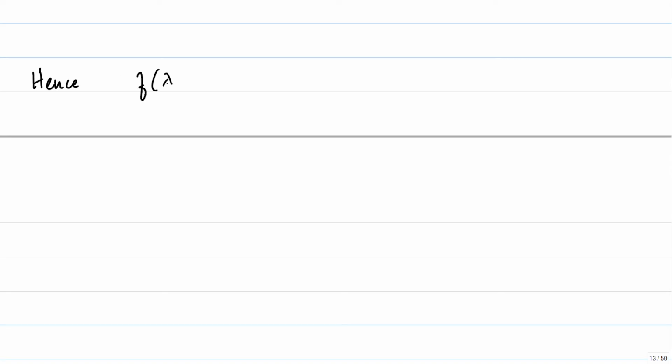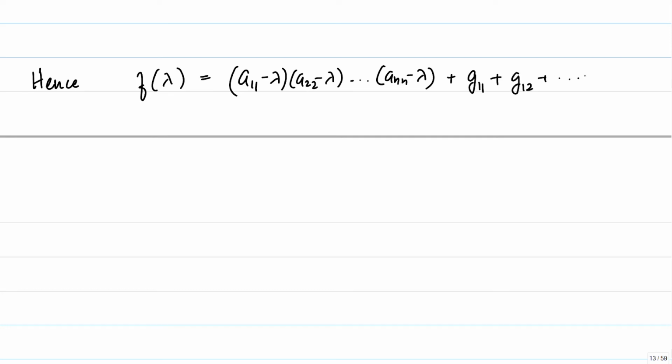So hence, our f of lambda is just going to be (a11 minus lambda)(a22 minus lambda) up to (ann minus lambda) plus g11 plus g12 plus up to g1n, where each of these gij's are polynomials of degree less than or equal to n minus 2.